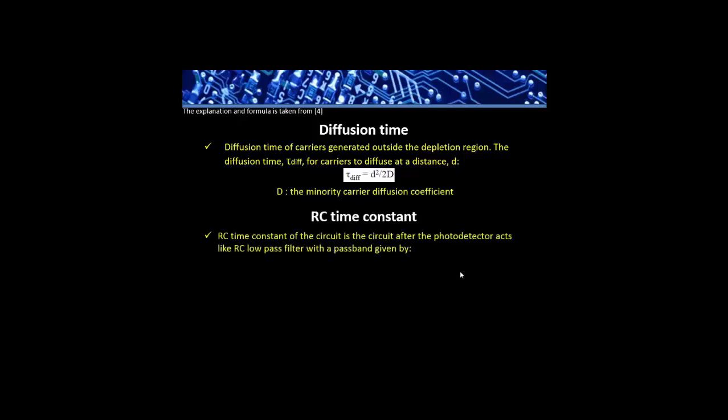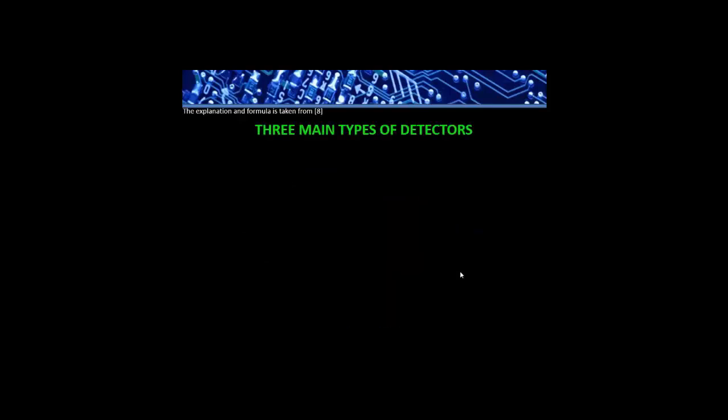Diffusion time of carriers generated outside the depletion region. The circuit after the photodetector acts like an RC low pass filter with a passband.